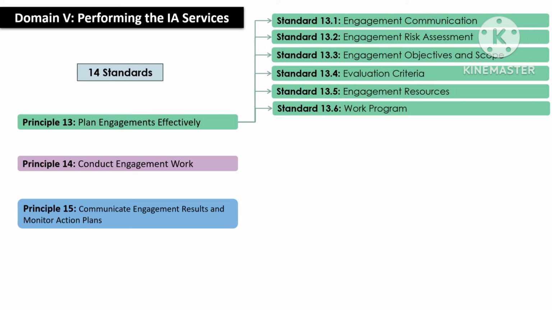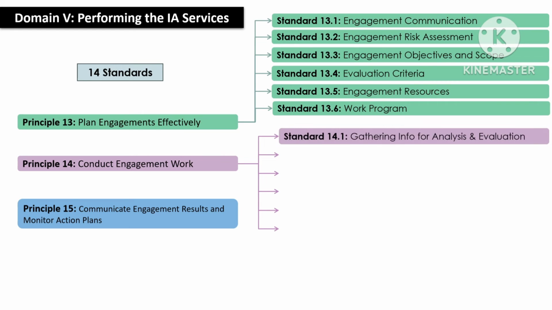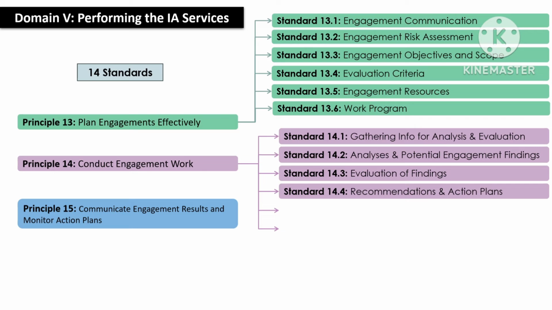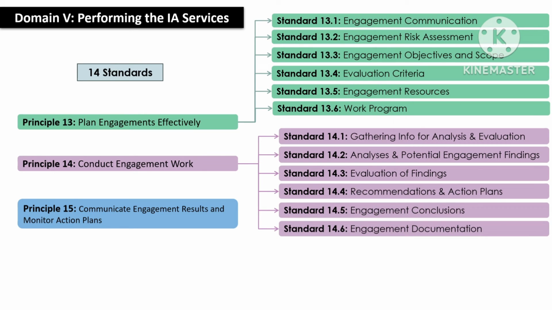For conduct engagement work, principle number 14, we have standard 14.1 gathering information for analysis and evaluation. 14.2 is analysis and potential engagement findings, then evaluation of findings, recommendations and action plans, engagement conclusions, and engagement documentation. So more or less, when we are doing our audits, we are doing all these things.